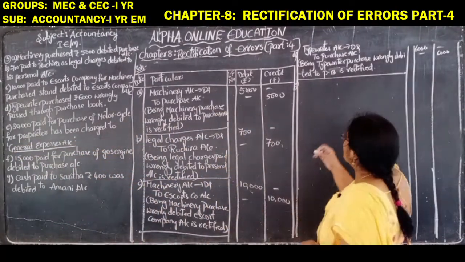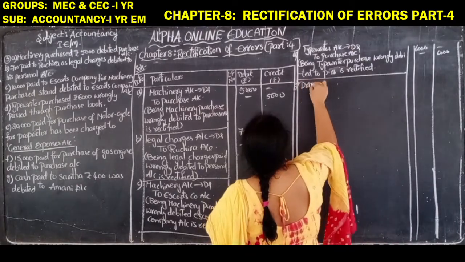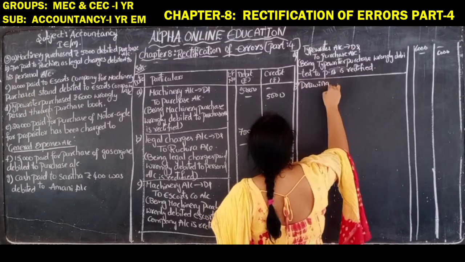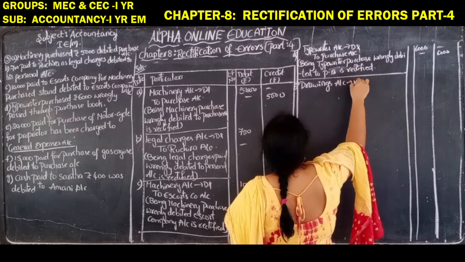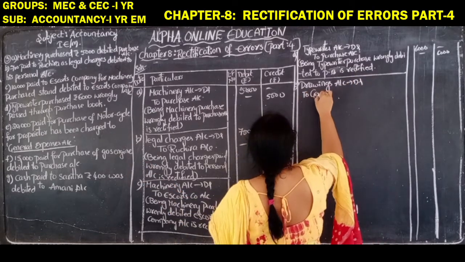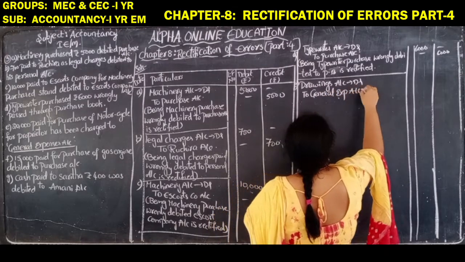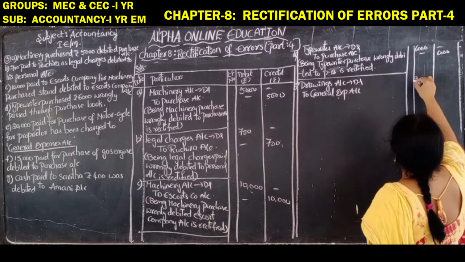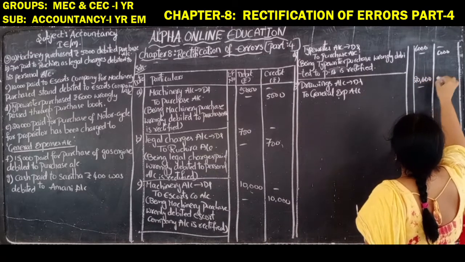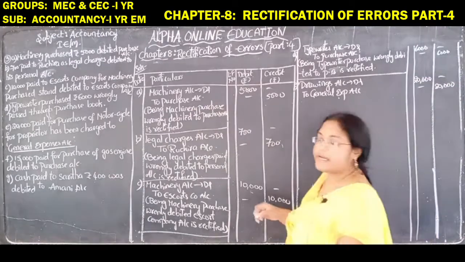So write down the entry: drawings account debit to general expenses account. What's the amount? 20,000 rupees in both columns. Debit column should always be equal to credit column.